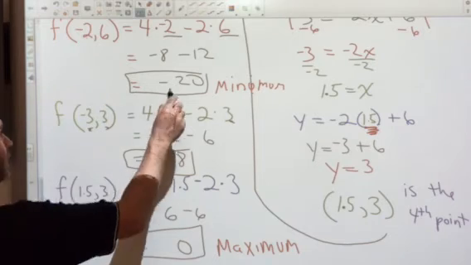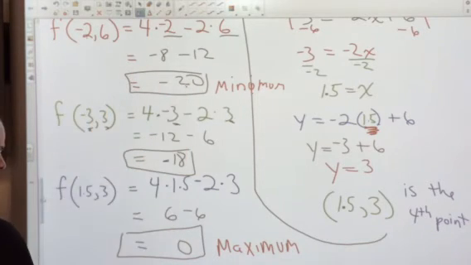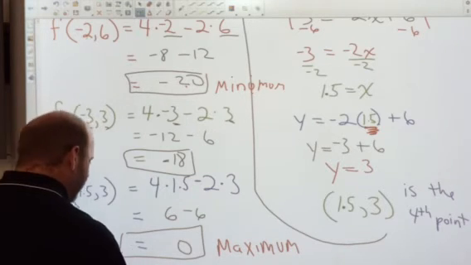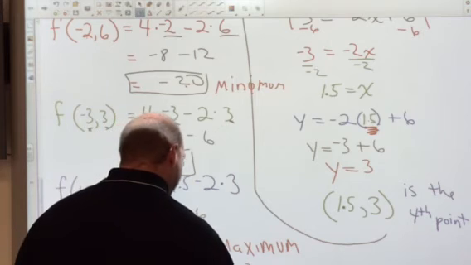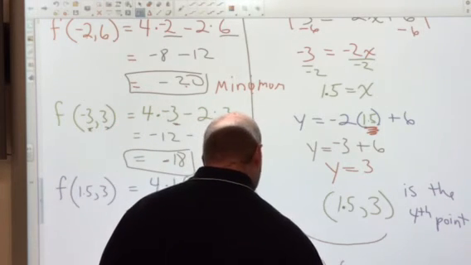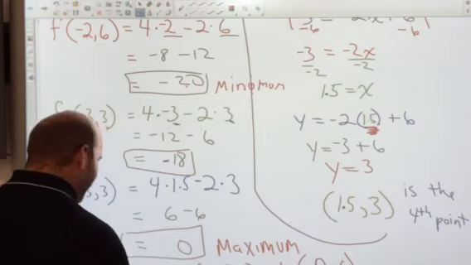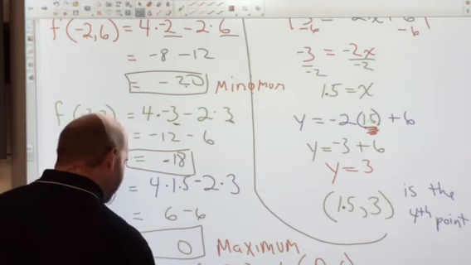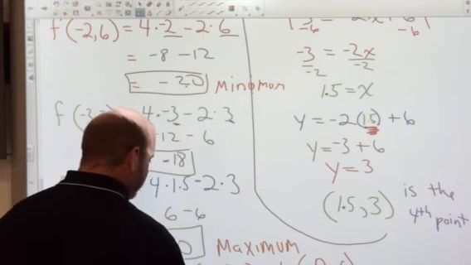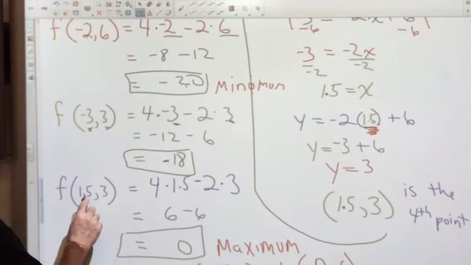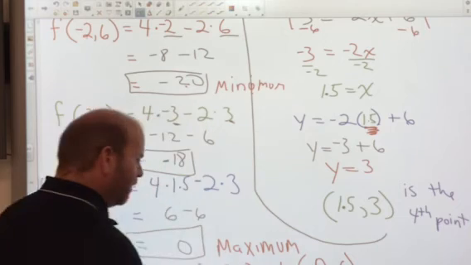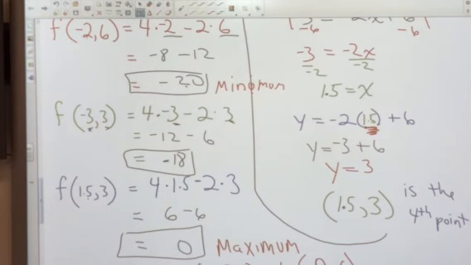So you have a minimum of negative 20 at negative 2, 6, and a maximum of 0 at 1.5, 3. Okay, so you're optimizing, finding the optimum values, the minimum and maximum of those.